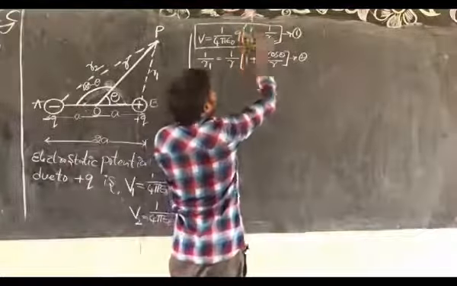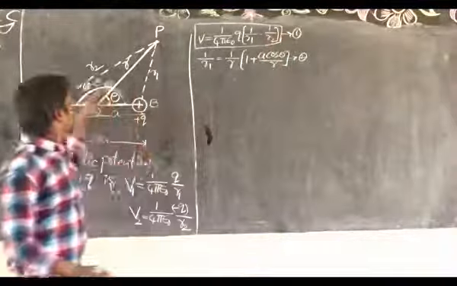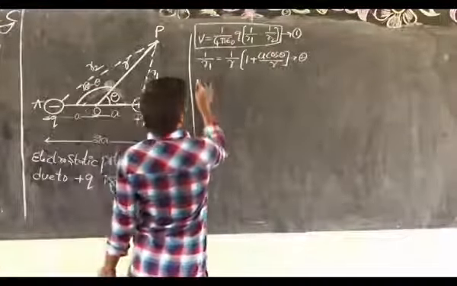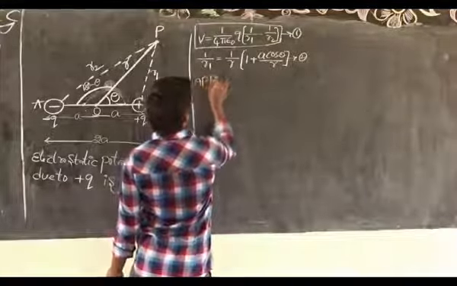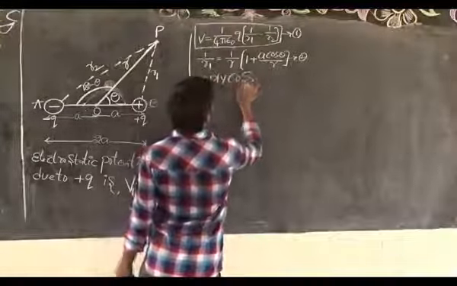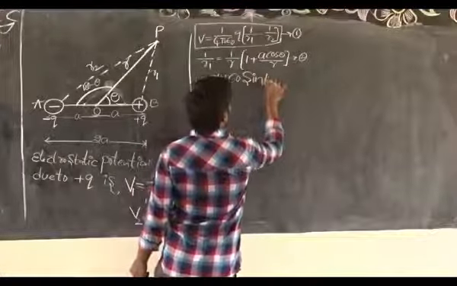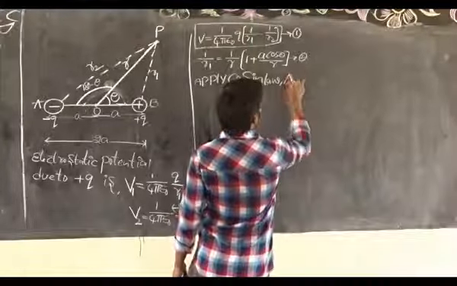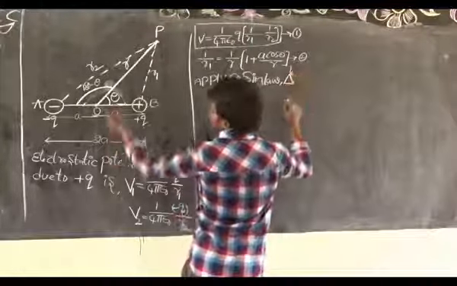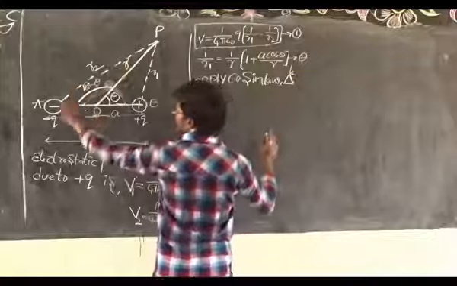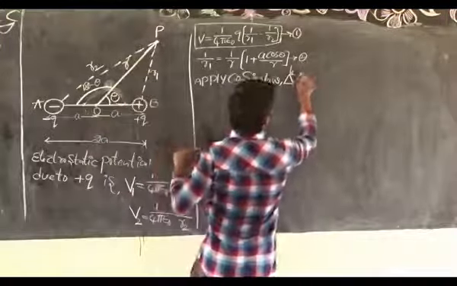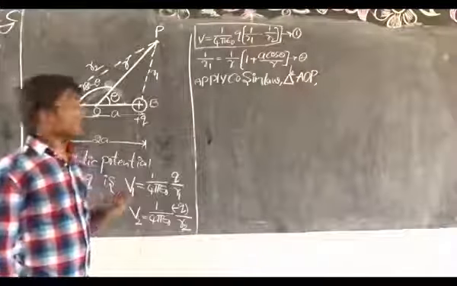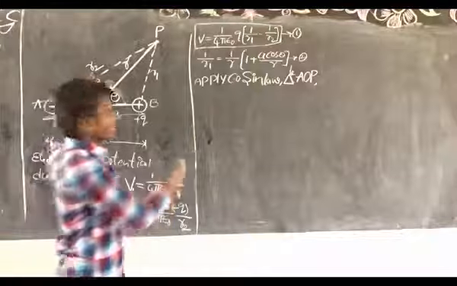From this triangle I am applying the cosine law. Which triangle? Triangle AOP. Now this time I am taking this side.